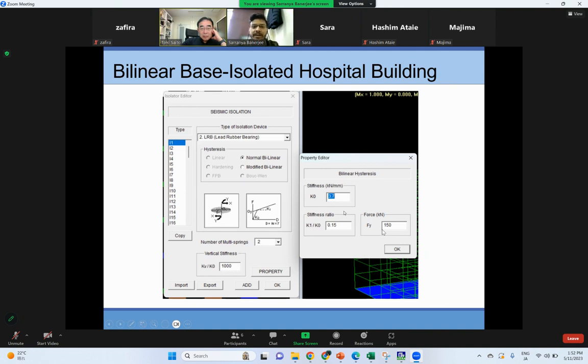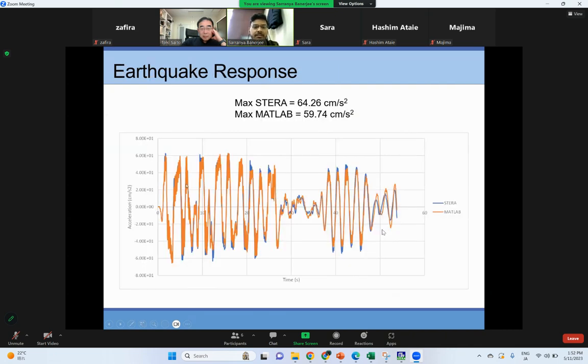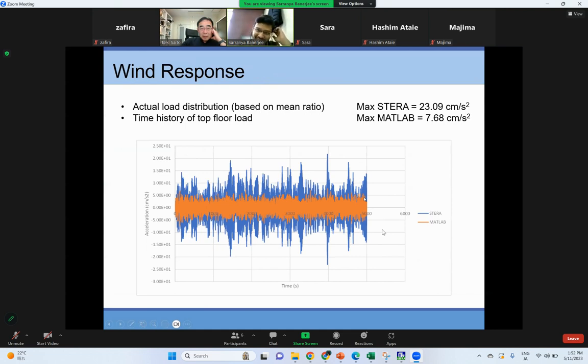Then I compared the results to validate. Again, what I saw is for earthquake, it is matching very nicely, almost matching. And for wind, it is not matching, but the reason is that it is taking a lot of time.